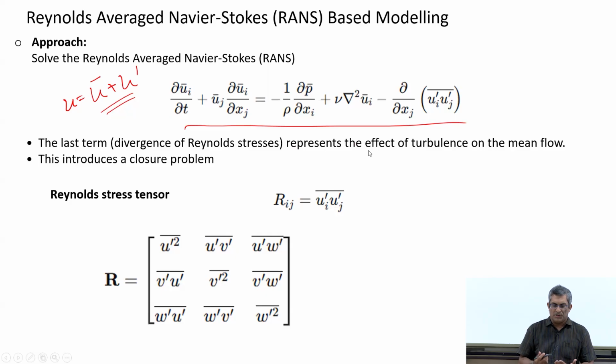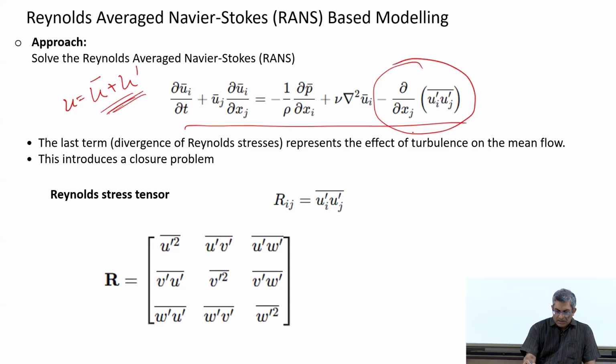You see that this equation is quite similar to the Navier-Stokes equation. Instead of instantaneous velocity, here we have mean velocity components, but this kind of decomposition gives rise to this extra term, which contains the correlation between the different velocity components.